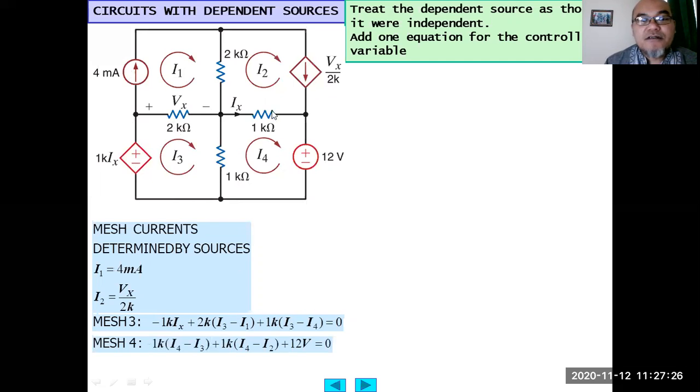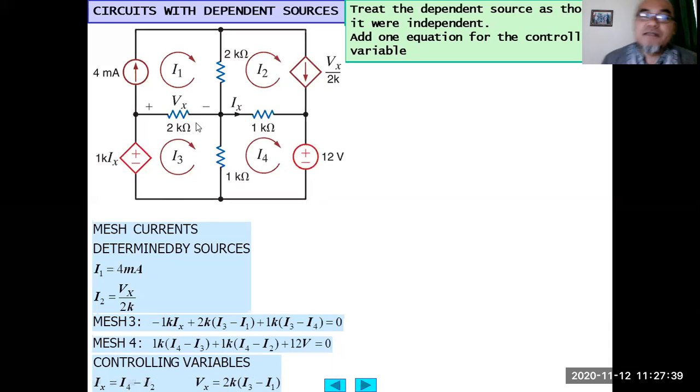Then for mesh 4, we start from here: 1K (I4 minus I3) plus 1K (I4 minus I2) plus 12 volt.